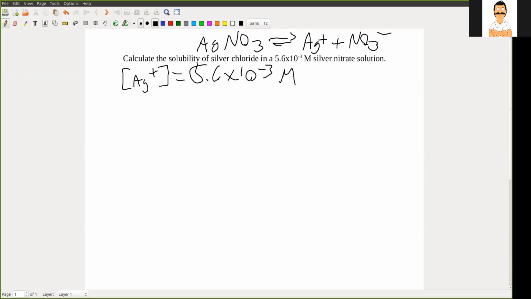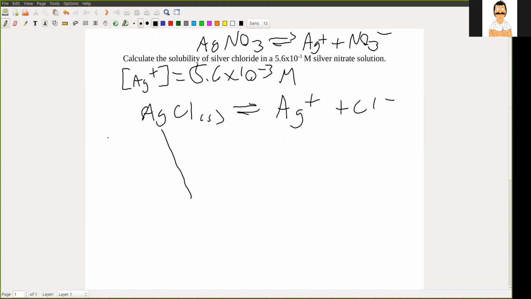And now for the silver chloride, we want to do what is effectively an ICE problem. So we have AgCl, which is a solid, and that's going to go in equilibrium with its ionic components, Ag+ and Cl-. And because AgCl is a solid, we don't really worry about that during the ICE problem. We're only worried about the aqueous species.